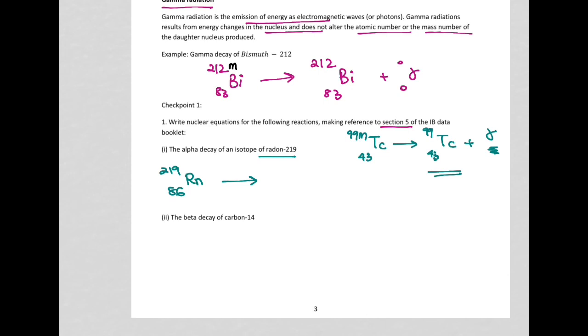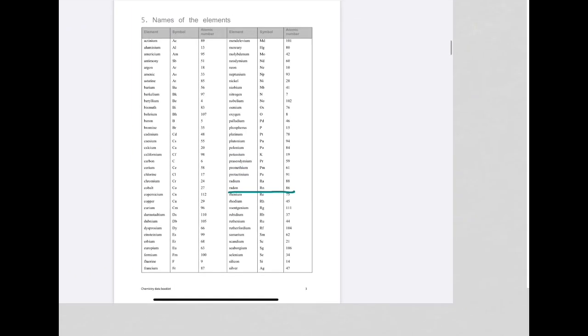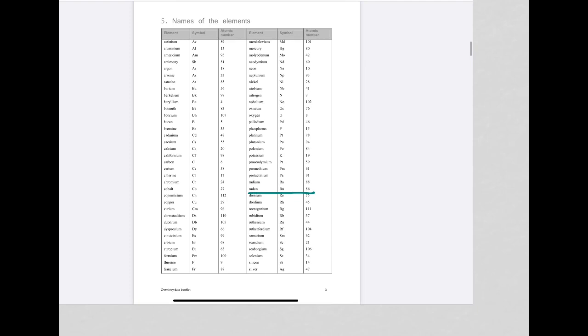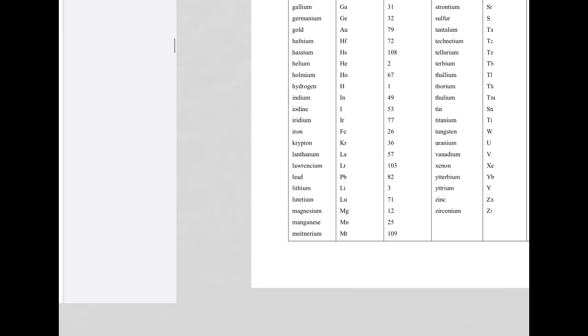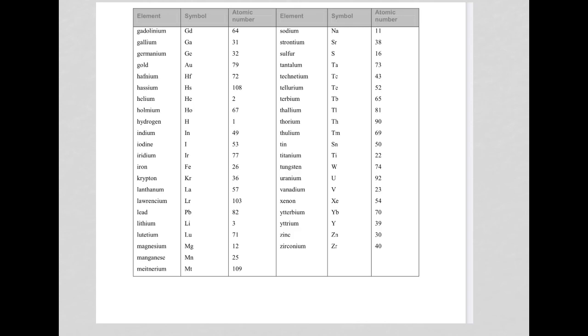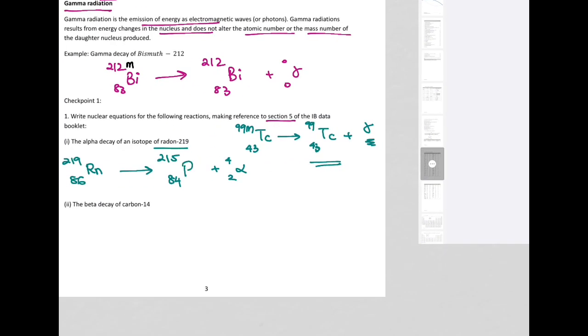And this is going to undergo alpha decay, so I'm going to get an alpha particle, 4 2. So this should be an element with atomic number 84 and mass number 215. So I'm going to look for the element with atomic number 84 in section 5. You could also use the periodic table. So 84 is polonium. So this would be Po.